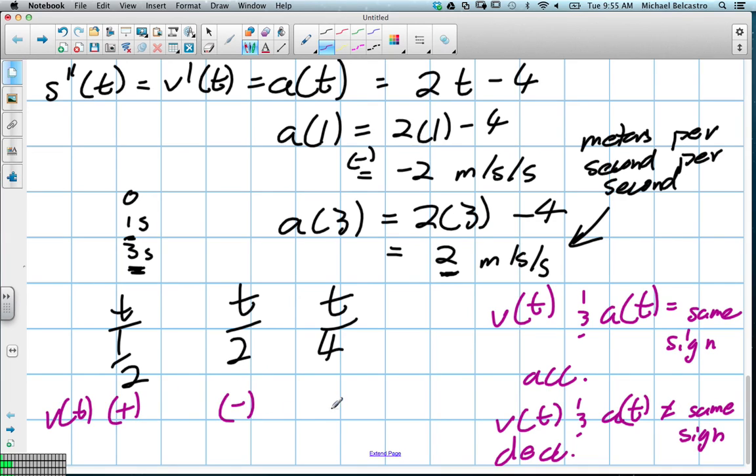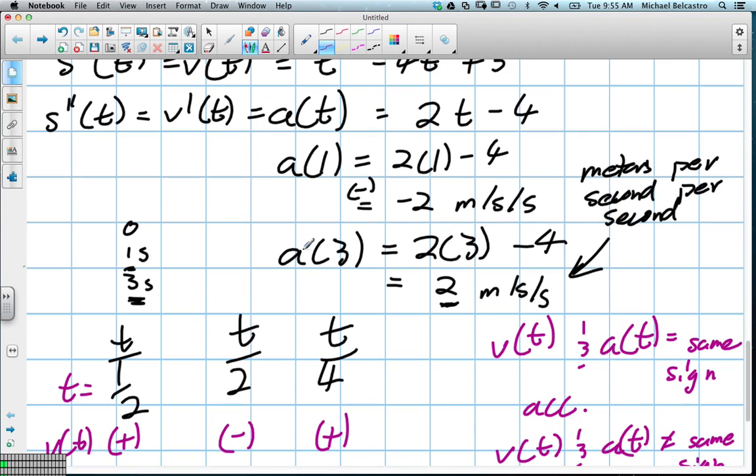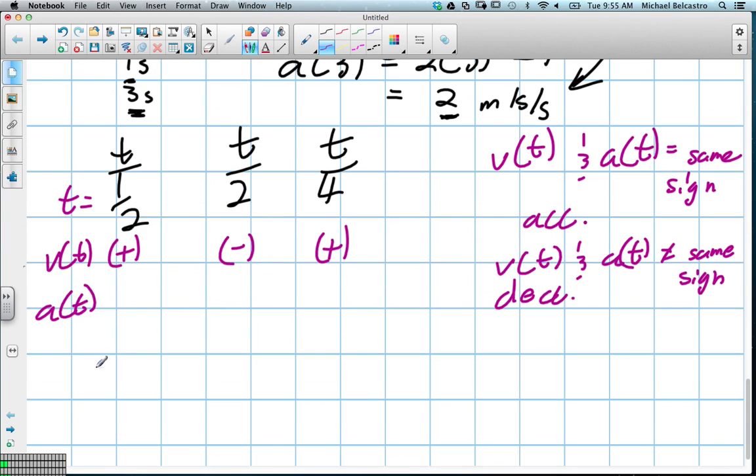Here it was negative, and here it was positive. We're going to plug these values of our t into acceleration at those times to find out if it's positive, negative, and positive. So if it was always accelerating or if it was decelerating at those times. So our equation of 2t minus 4.